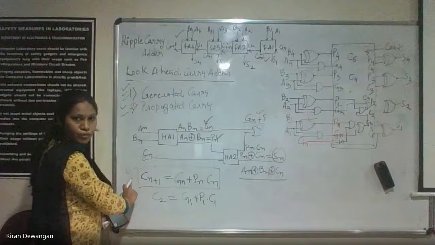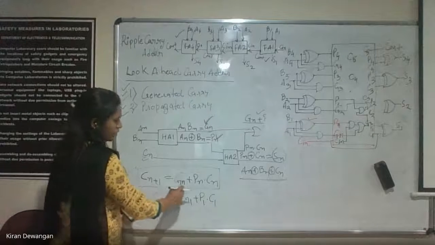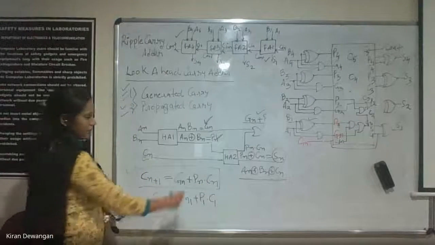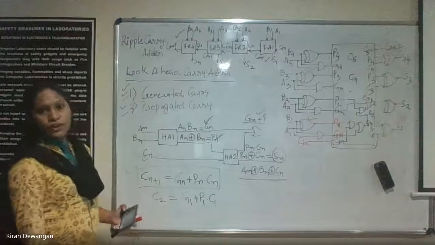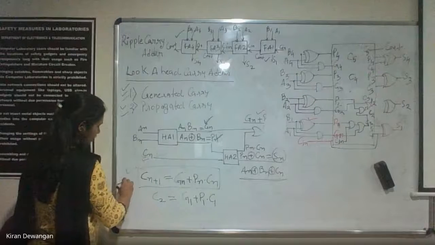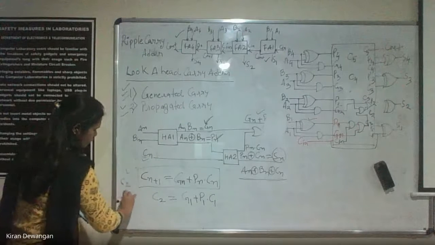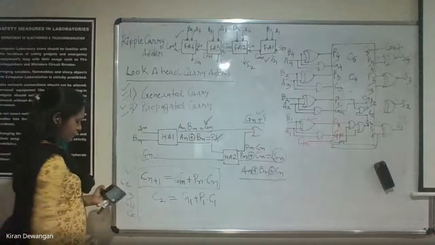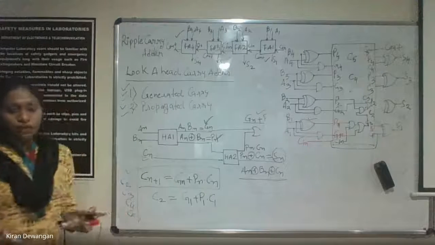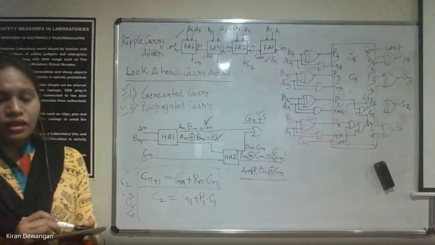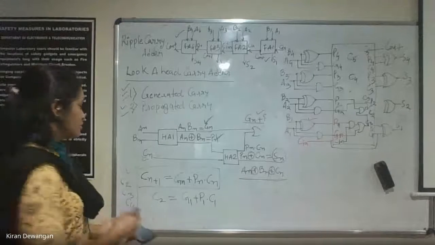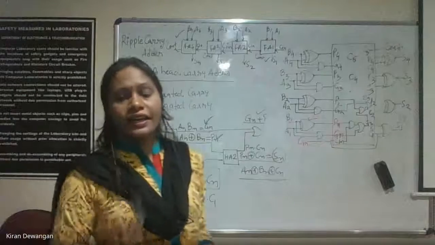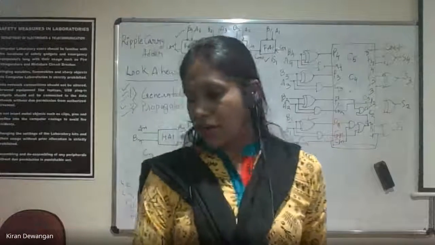Only by this formula, Cn plus 1, that is Gn plus Pn dot Cn. तो यहीं से आपके सारे formulas calculate हो जाते हैं. That is, we can calculate C2, C3, C4 and C5. All the four carries, we are generating through this formula. Is this clear? Look ahead carry adder concept is clear or not?